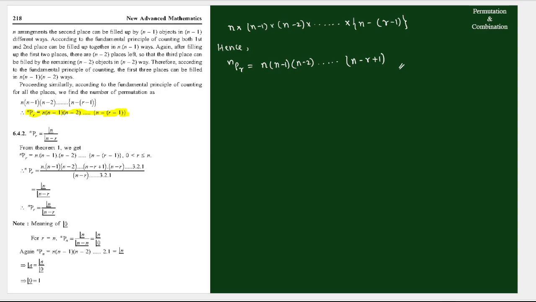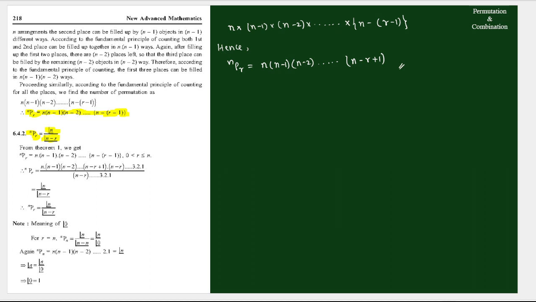The permutation will be multiplied using the fundamental principle of counting. Now let's come to our next formula. What is this? nPr is equal to factorial n divided by factorial of n minus r.